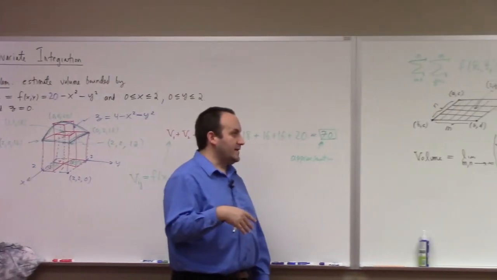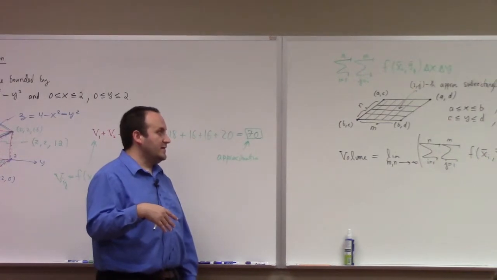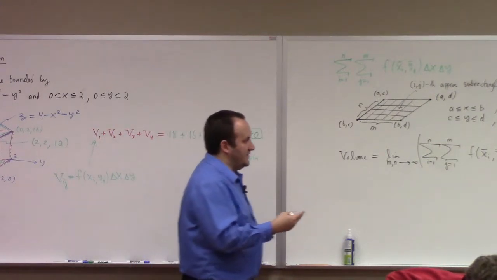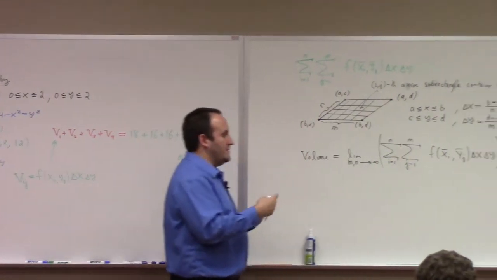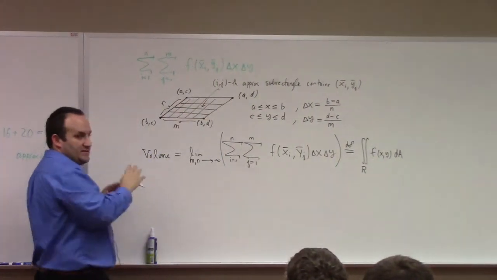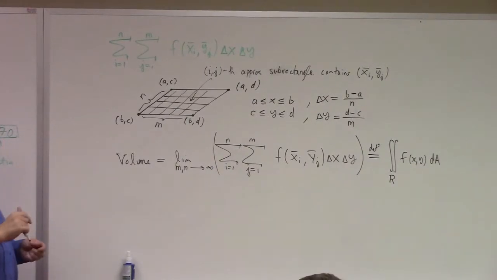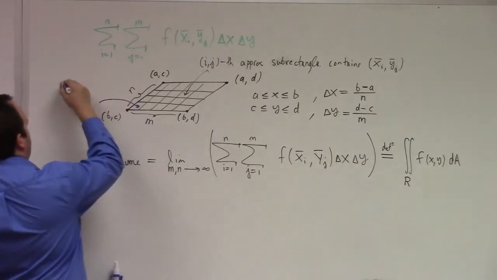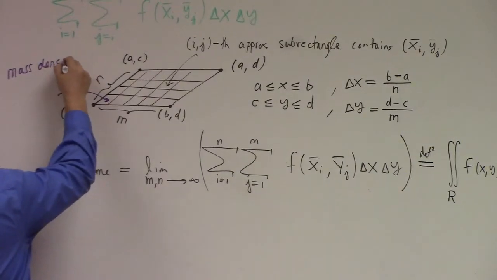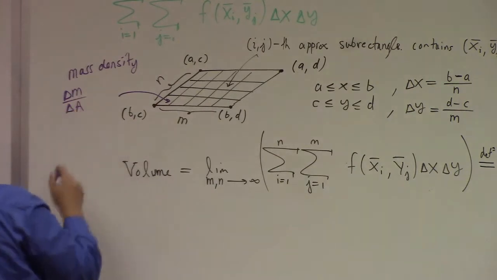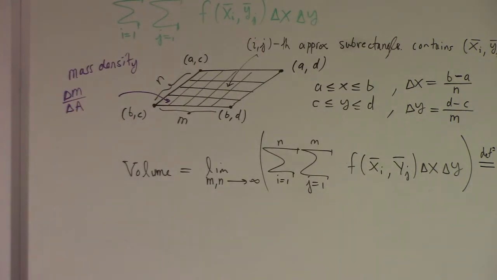Now there's another way you could think about it. Instead of thinking of this as calculating volume, you could think of this as adding together the mass of something. You could think about this grid as some sort of laminate, a two-dimensional thing with variable density. And what's density? Mass density. In this context, it's the little bit of mass per little bit of area, so mass per unit area.